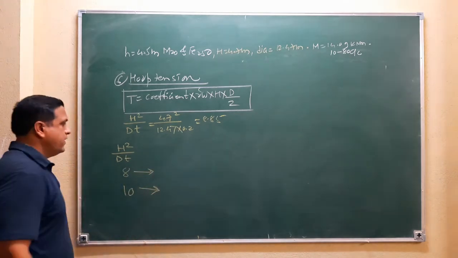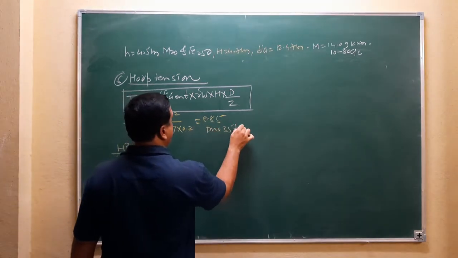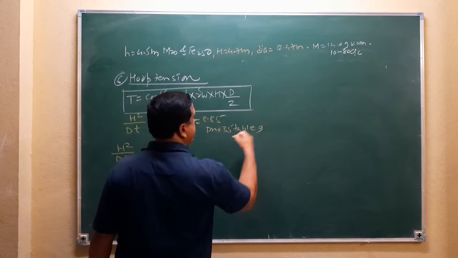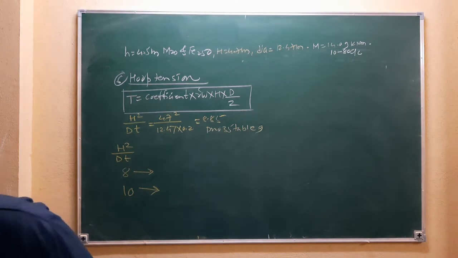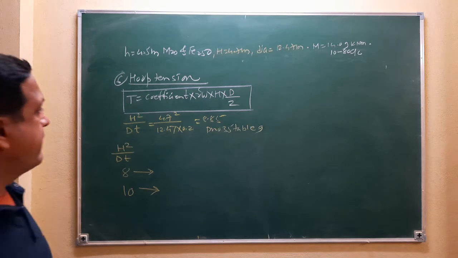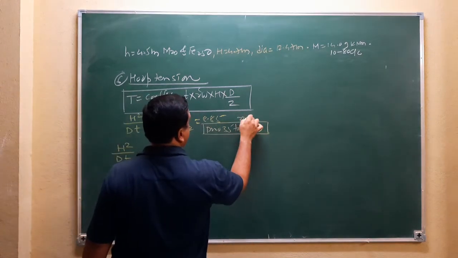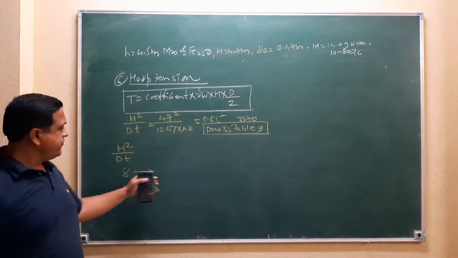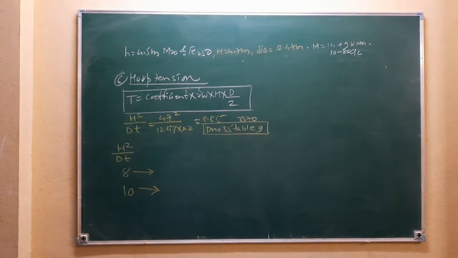Okay. Now the H square upon D into T ratio is in between 8 to 10. Now you have to go to page number 35, table 9 on IS 3370 part 4. So what is the maximum value for 8? I will check it.